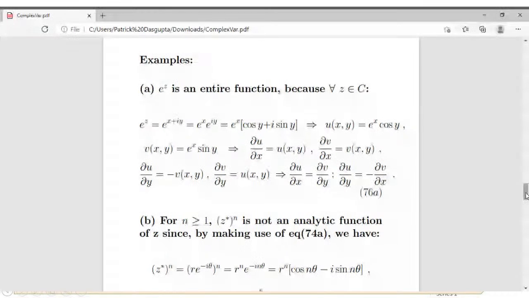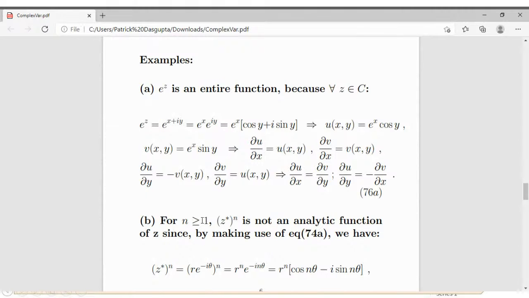The other example is z star to the power n, and z star to the power n is not analytic whenever n is greater than or equal to 1.